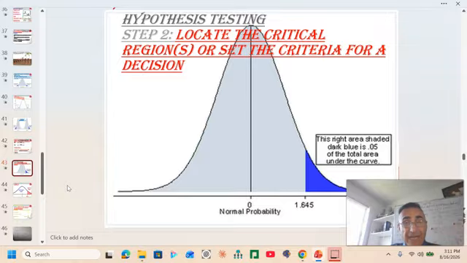But again, we're 95% correct if you look at it that way. CI is the opposite of alpha. We'll talk about that in a second.